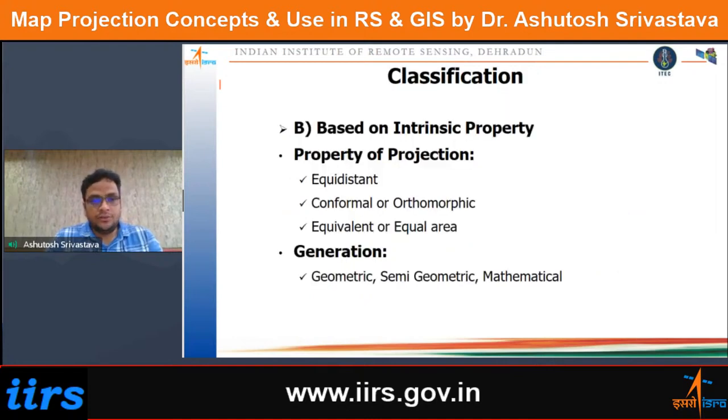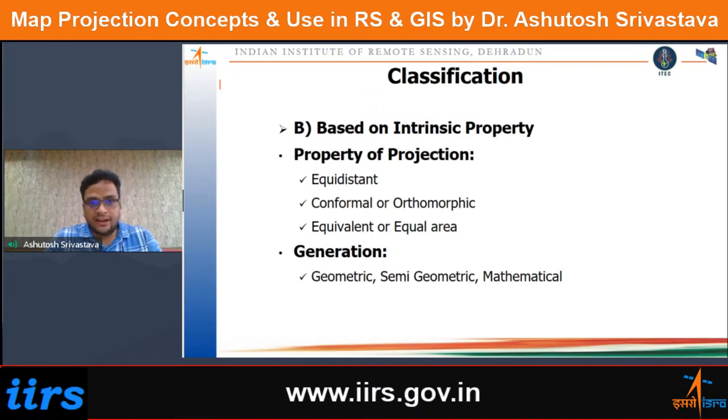And you know the properties of projections: equidistant, where the distance remains the same, conformal, where the shape will be preserved, and equal area. Generation wise, we are using mathematics also, we are using geometry also. So it's geometric, semi-geometric, and mathematical.